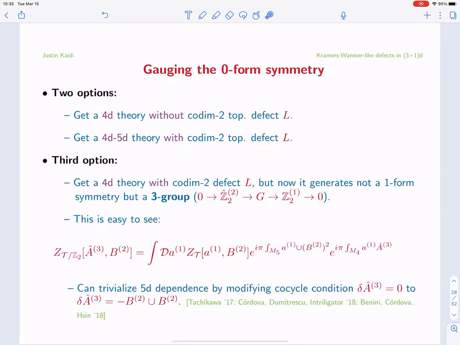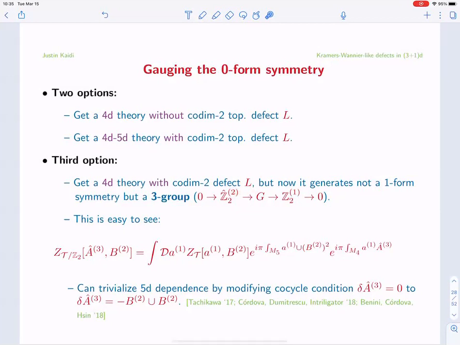So the third option is that you can have a 4D theory, and it also has the codimension 2 defect L. So it's really the best of both worlds. But the catch is that now this codimension 2 defect L does not just generate a one-form symmetry. Instead, it's part of some larger structure known as a 3-group, which is an extension of the one-form symmetry by the dual two-form symmetry.